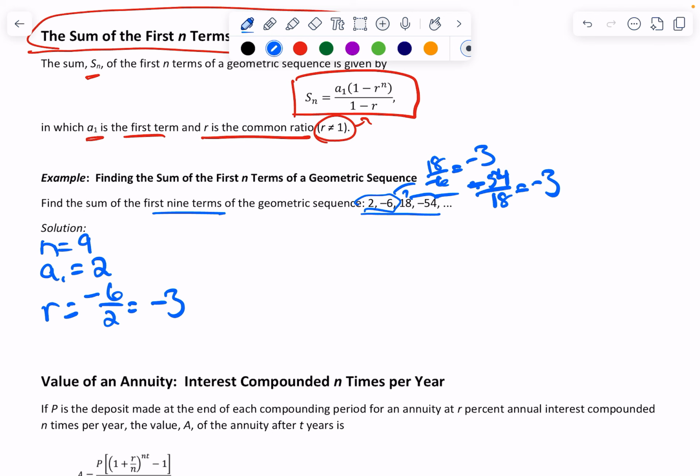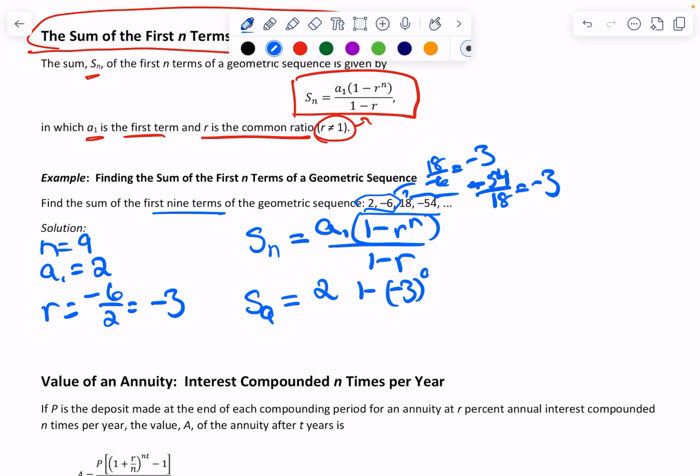Okay, so our sum is the first term times 1 minus the common ratio to the power of n, divided by 1 minus the common ratio. So our sum of the first 9 terms, our first term is 2, times 1 minus our common ratio, -3, to the power of 9, divided by 1 minus -3.